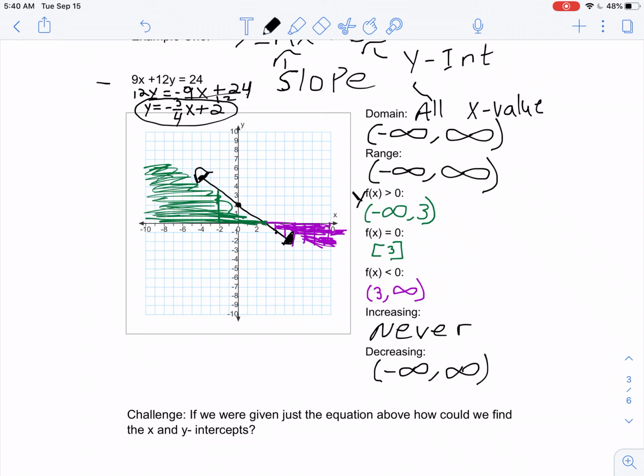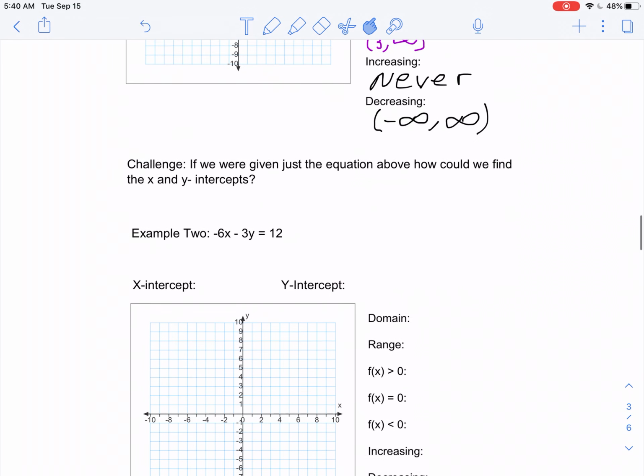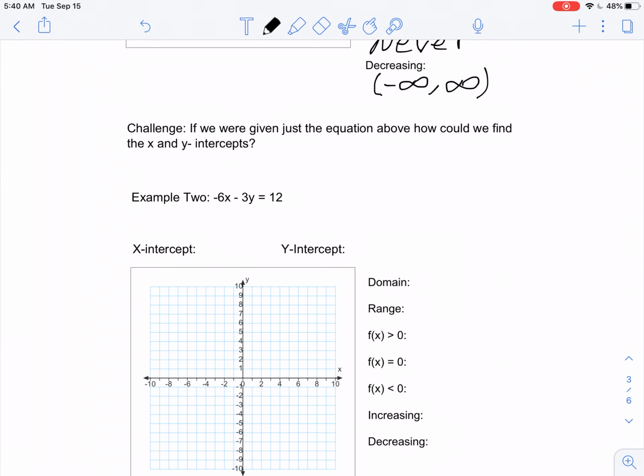So what we would say for this challenge is we would substitute zero in for x or y. Okay.